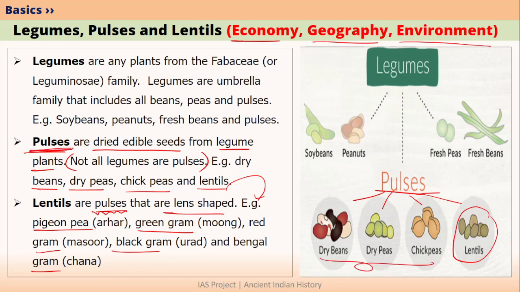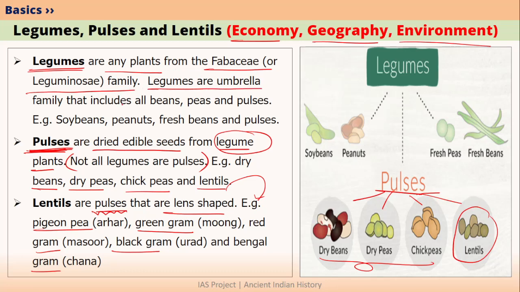So when we talked about pulses, we used some word called legume plants. Now let's see what are legume plants. Legumes are basically any plants from the family of Fabaceae or Leguminosae. Don't worry about the pronunciation or spelling. Just try to remember the concept. So what are legumes? Legumes are any plants of Fabaceae or Leguminosae family.